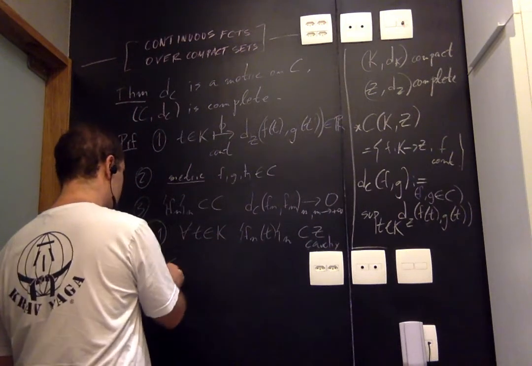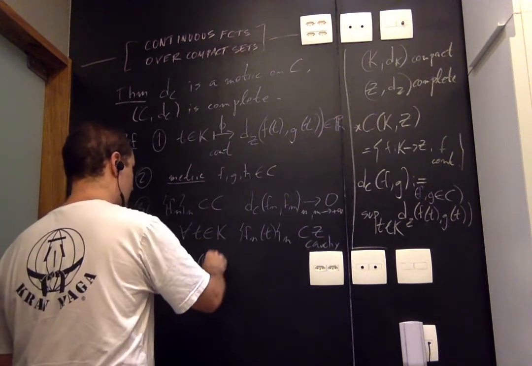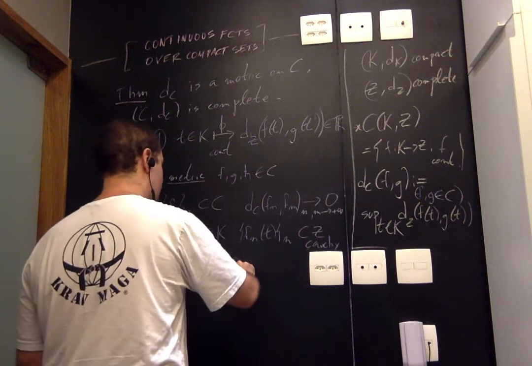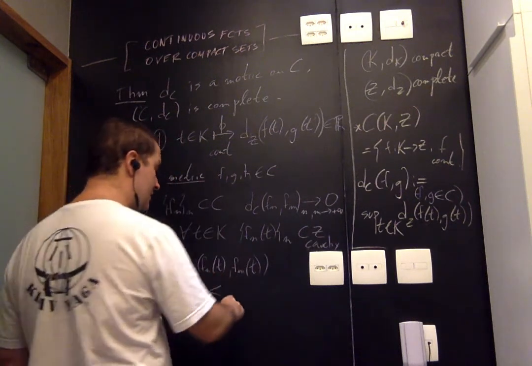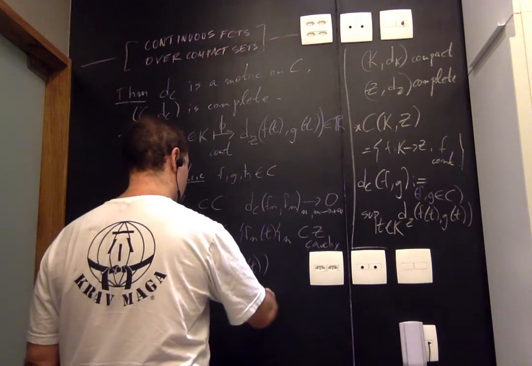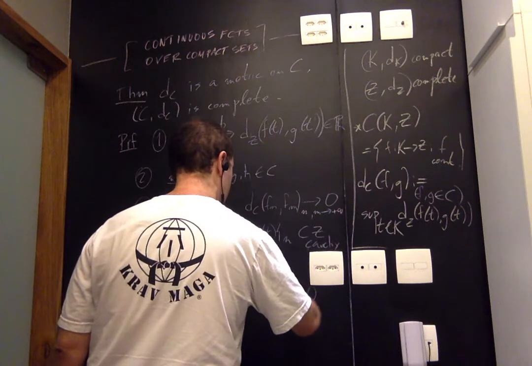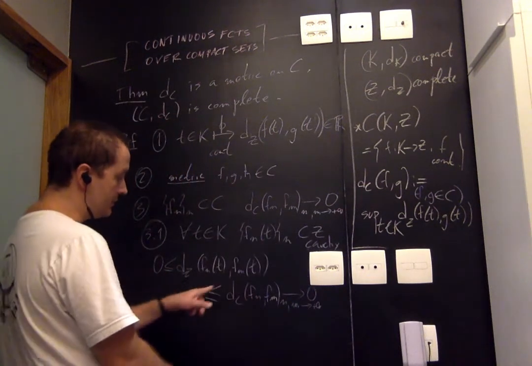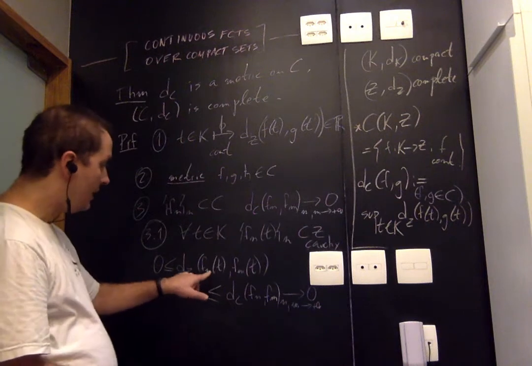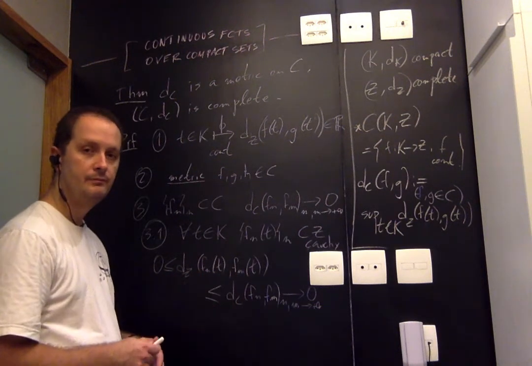Well, we know that the distance between f_n computed at t and f_m computed at t is less than the sup over t of this quantity, which is d_C of f_n and f_m. This goes to 0 when n and m go to infinity. Therefore, this is sandwiched between 0 and something that goes to 0, which means that when n and m go to infinity, this also goes to 0.